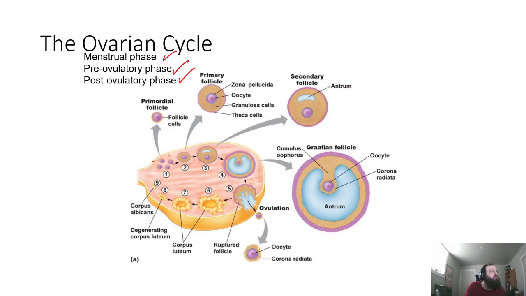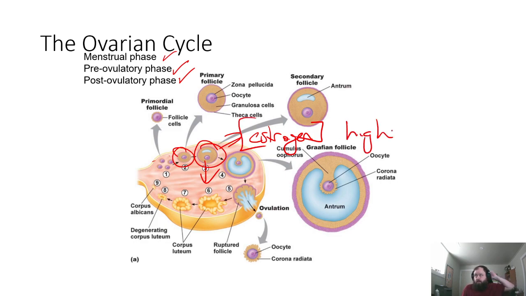So we start with our primary follicles here, one of which is going to become dominant and start secreting a whole bunch of estrogen, getting our estrogen levels to a high concentration. This is the follicle that will become the mature follicle and eventually ovulate.